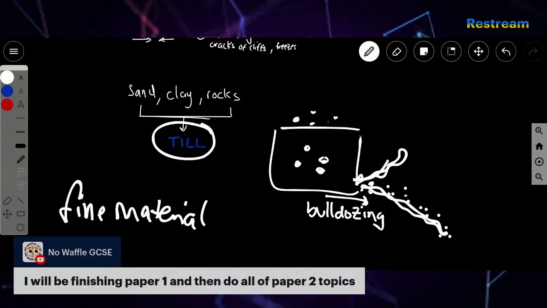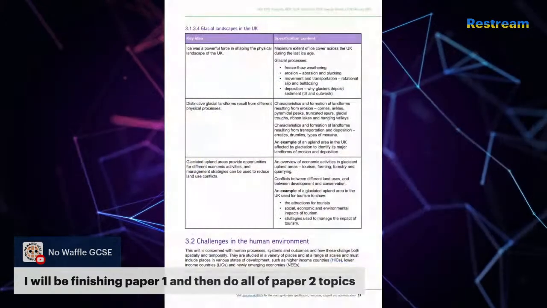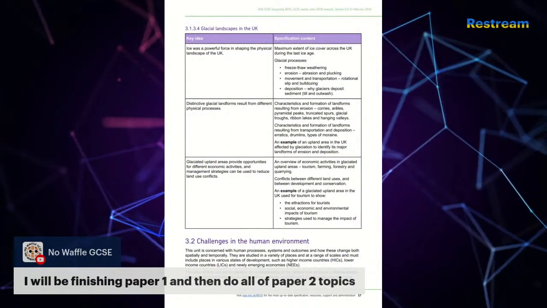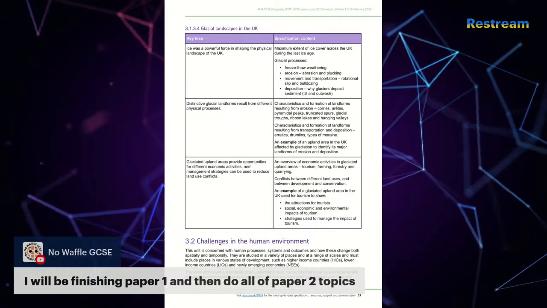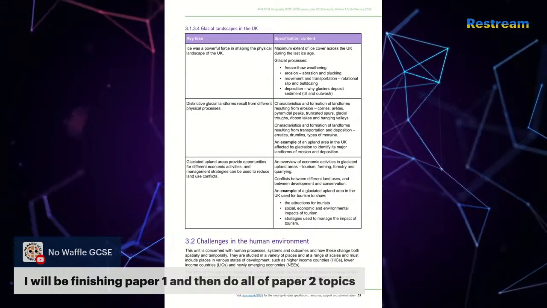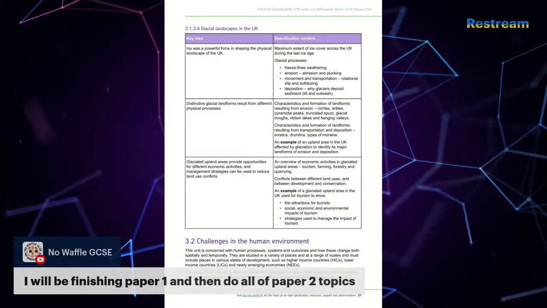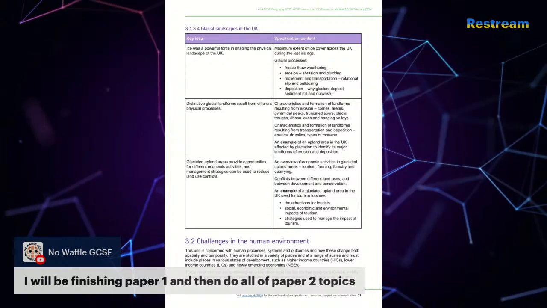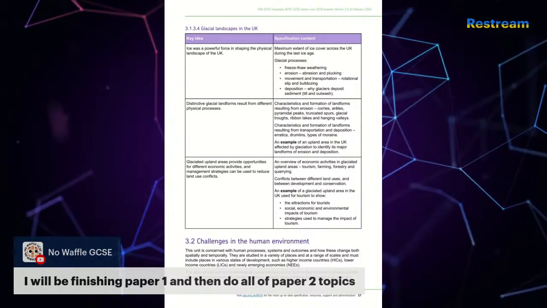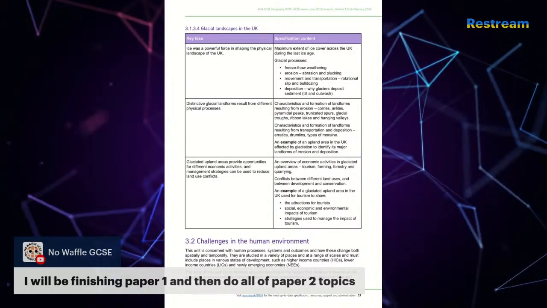Okay, so let's just return back to the specification for a moment. Now, we've discussed the deposition, movement, transportation, erosion, and freeze-thaw weathering. We now need to look at the different glacial landforms and how they result from different physical processes. So we need to look at the characteristics and formations of landforms from erosion, and the characteristics and formations from deposition.